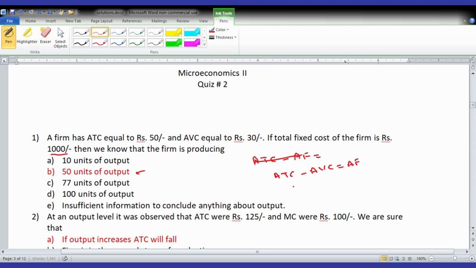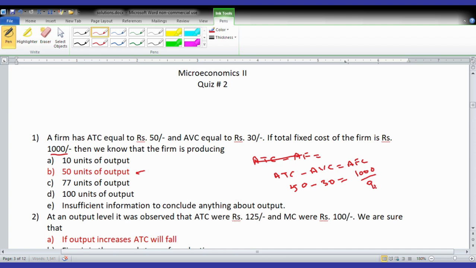Average total cost is equal to 50, average variable cost is equal to 30, and average fixed cost has not been given, but total fixed cost has been given equal to 1000. So average fixed cost is equal to total fixed cost divided by output. This is the definition of average fixed cost.